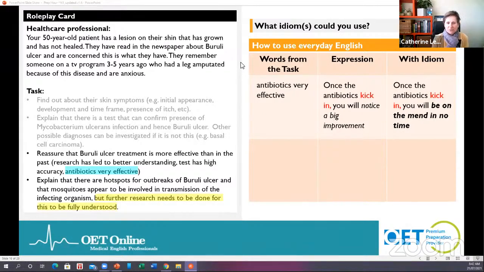Another opportunity for an idiom here. Thanks, Mozid, you got it. So another example, another opportunity. Thanks, Paul. To put things in a nutshell, it's a nice way to give a very brief, simple explanation.